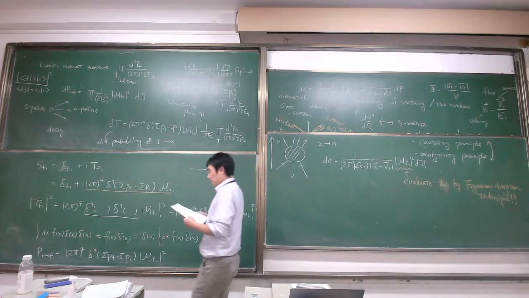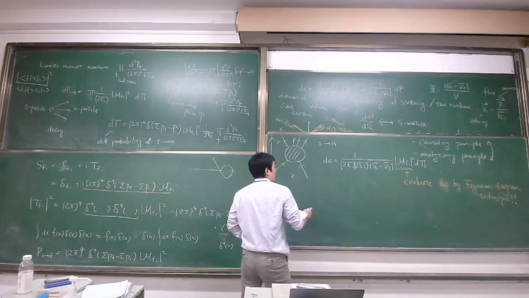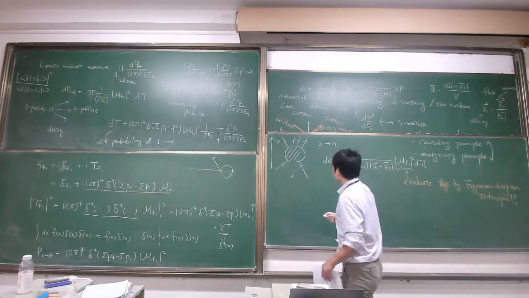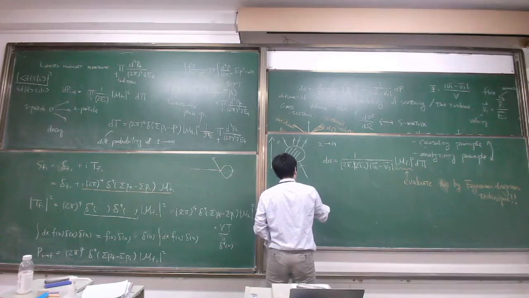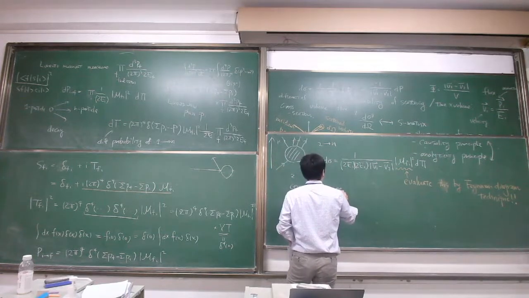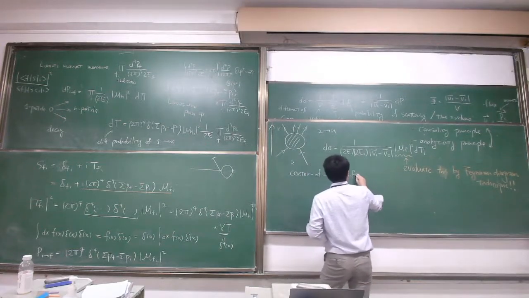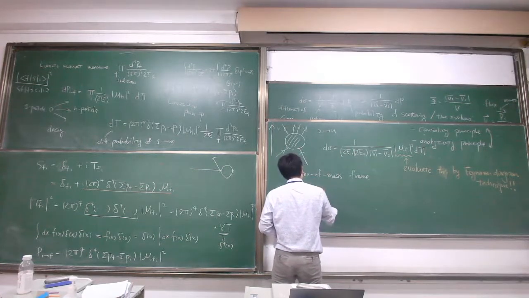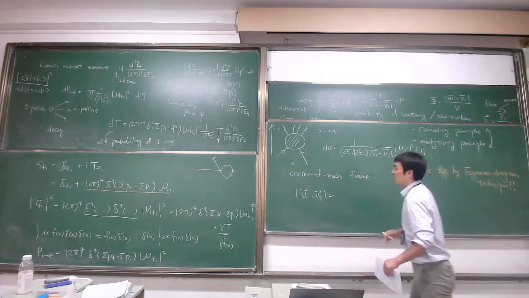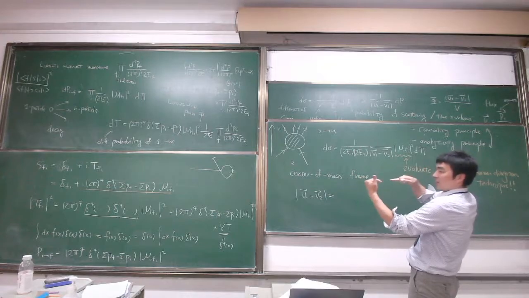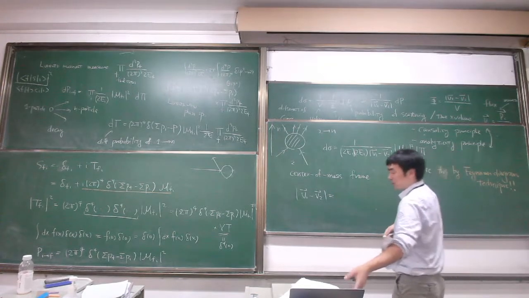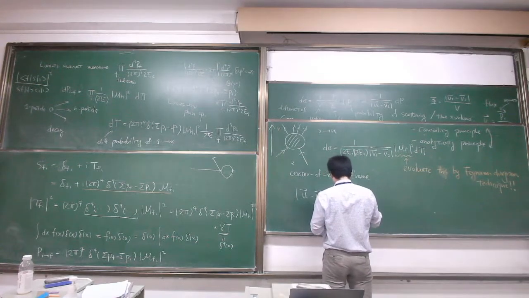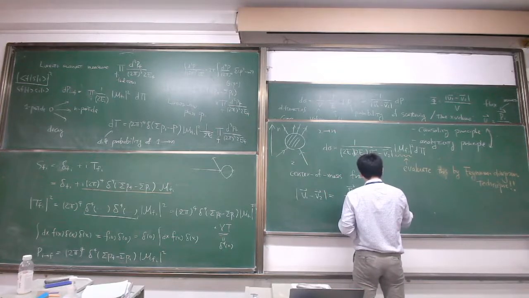So just recall, as I mentioned, in here this β is a velocity, and if you go to the center of mass frame, then β1 minus β2 is equal to... β1 and β2 in the center of mass are in opposite directions, right? And β1, by definition, should be p1 divided by E1, then minus p2 divided by E2.